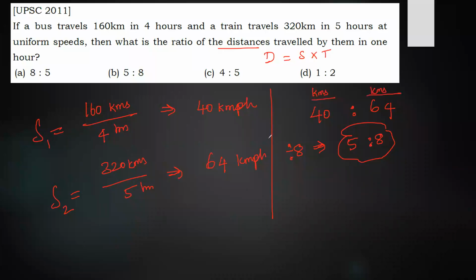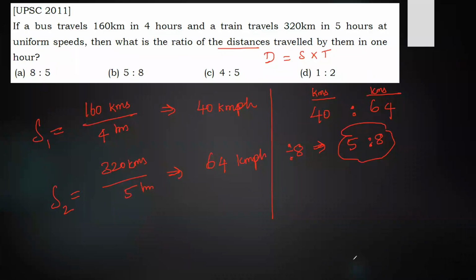Yes, sir. Good. Actually, I'm finding the speed here, right? Speed is 40 km per hour, nothing but for 1 hour it travels 40 km. Okay, this is the ratio of kilometers for 1 hour. Is it clear? You know the distance and the time taken, right?